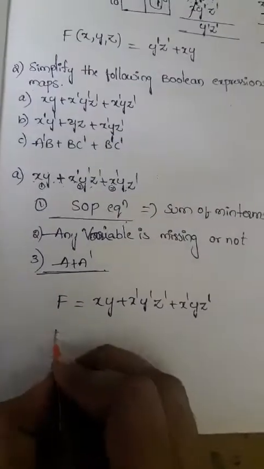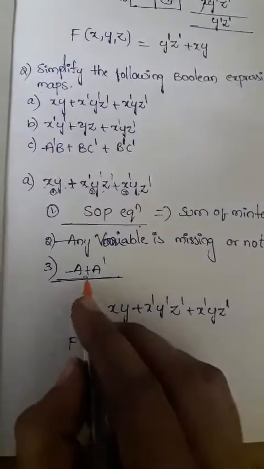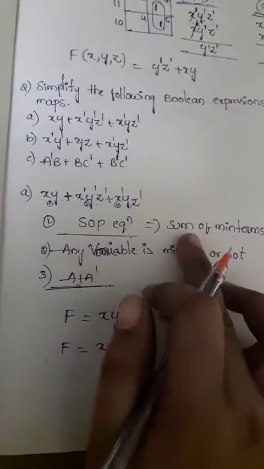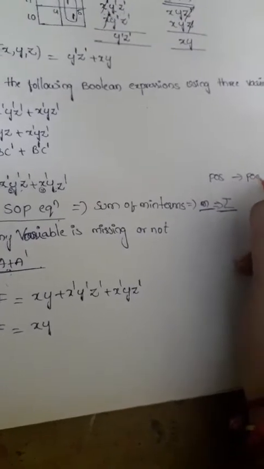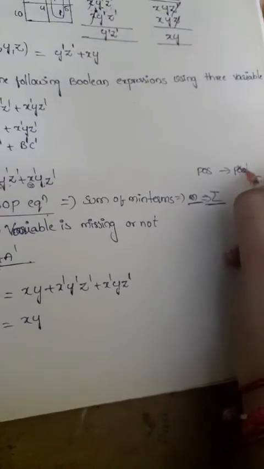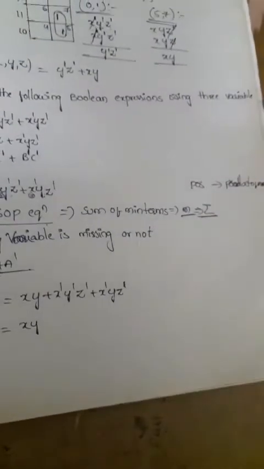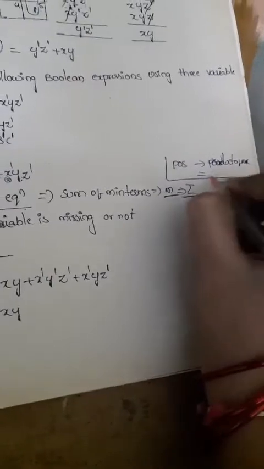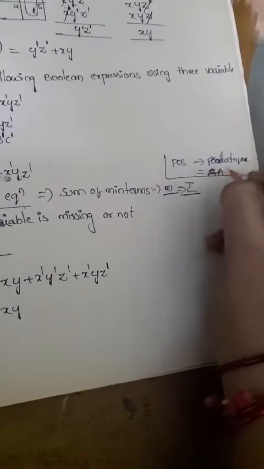So f is equal to xy, here z is missing now, so I can go with this logic, because this is sum of minterm. If the equation is product of sum, that logic is for product of max term. If the problem is related to POS, then we go for the logic like this, a into a complement, this is OR logic, and this is AND logic.